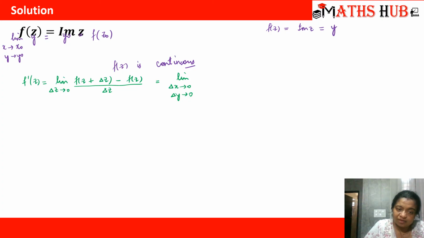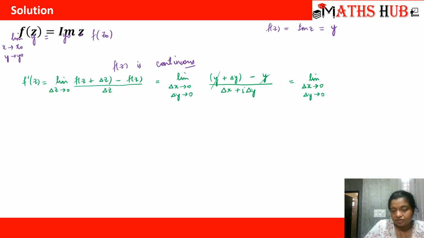What is f of z plus delta z? It is the imaginary part, so it will be y plus delta y minus f of z, which is y, divided by delta z, which is delta x plus iota delta y. So y will get cancelled and we will get limit delta x approaches 0, delta y approaches 0, delta y divided by delta x plus iota delta y.